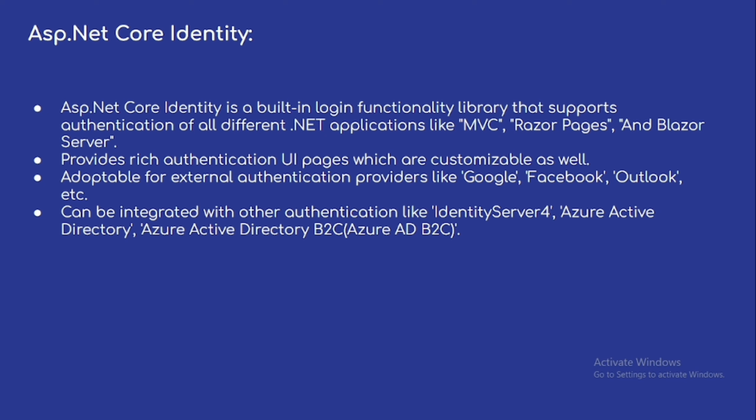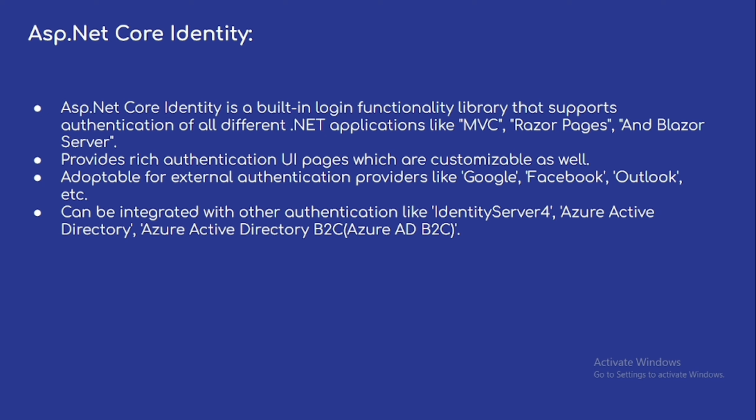All these examples I have mentioned are already by default authentication applications. So in those applications also, we can use the ASP.NET Core Identity library inside of it. Okay. So that's all about the basic introduction on ASP.NET Core Identity.